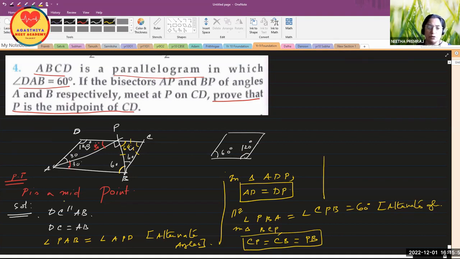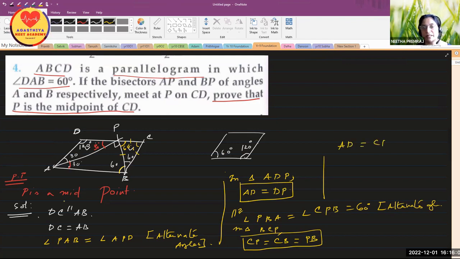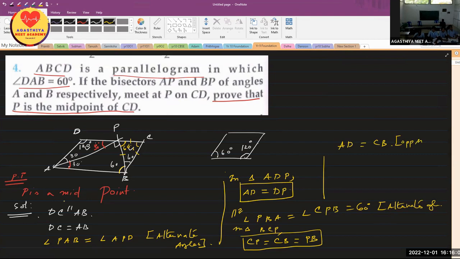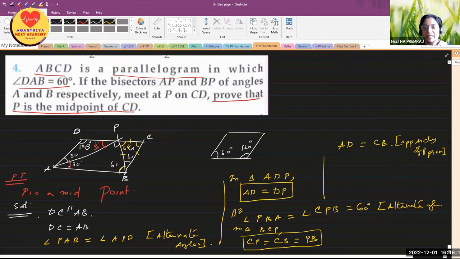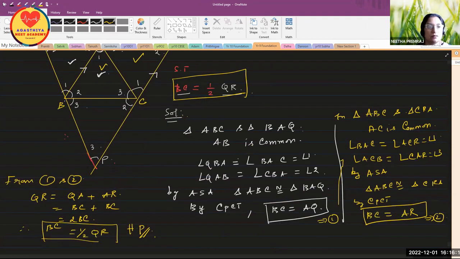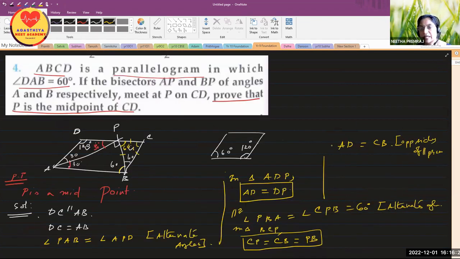You know that AD is equal to CB, isn't it? Why AD is equal to CB? Opposite sides of a parallelogram. So instead of AD, you can write DP, isn't it?